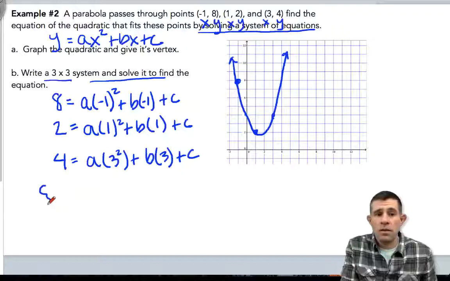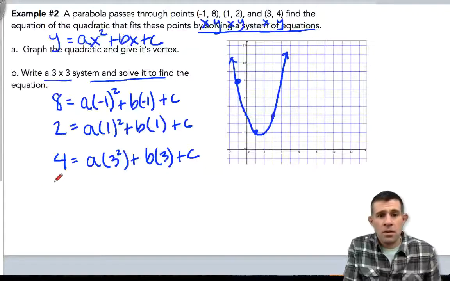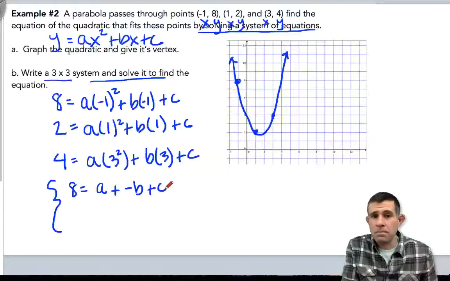So what we have here is 8 is equal to -1 squared is 1, so that's 1a, plus -1 times b, so that's really -b, plus c.